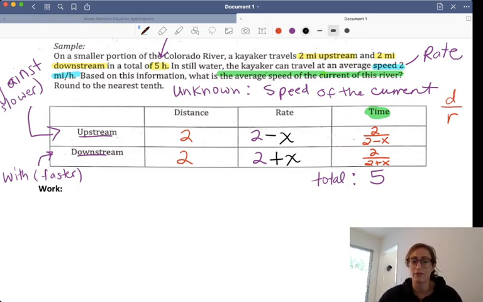I have the amount of time it takes to go upstream, the amount of time it takes to go downstream, and the total.